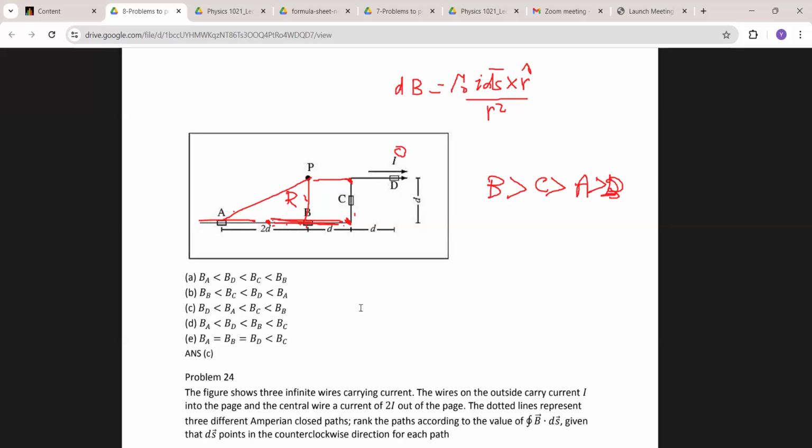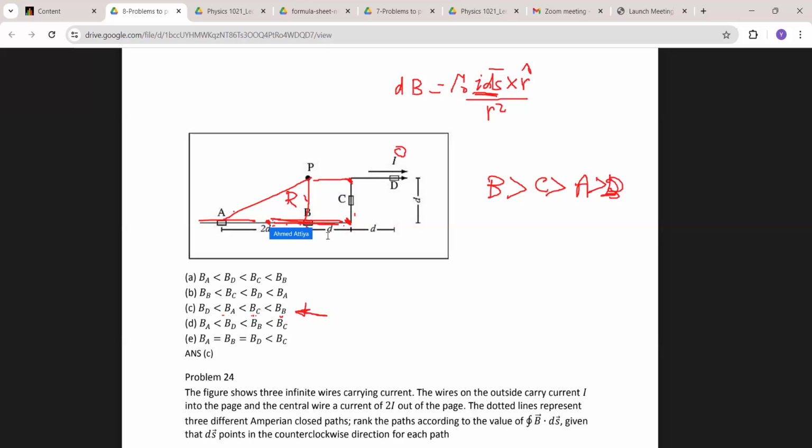So effectively, D is smaller than A, is smaller than C, is smaller than B. I think that the correct answer is C. Okay. And sorry, Doctor, so you said that for B, the distance is D or 2D? I have two parameters: the length of the current element.